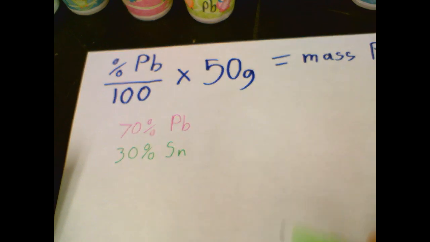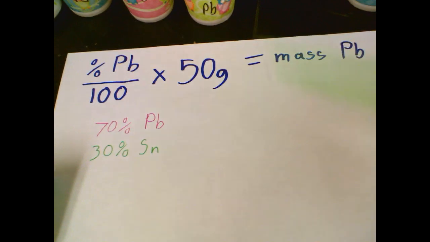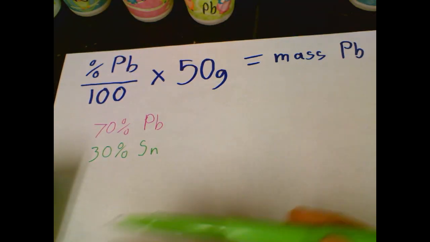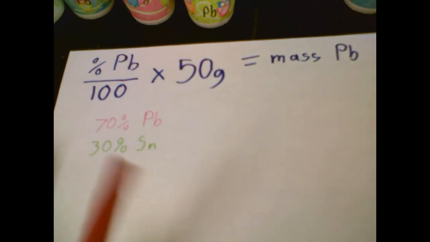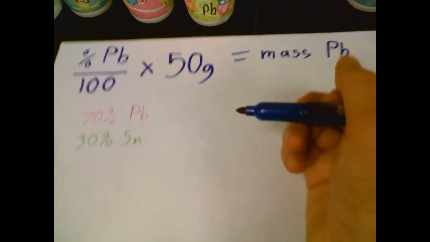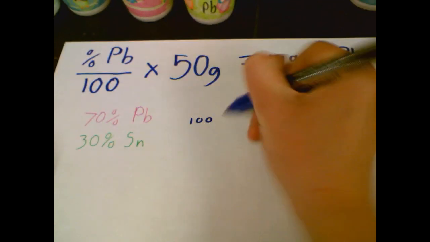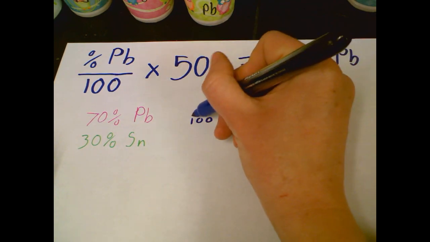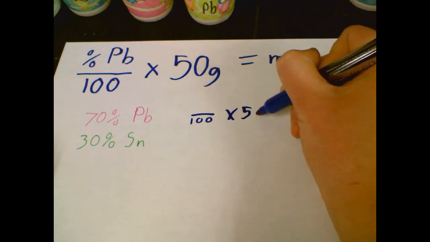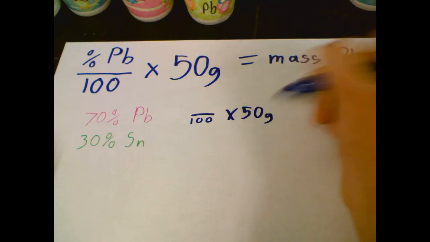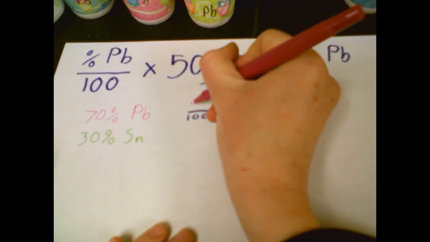Okay, that being said, let us plug these numbers back into our equation. Going back to our old PB, for this equation we have 100 and our percentage is 70.